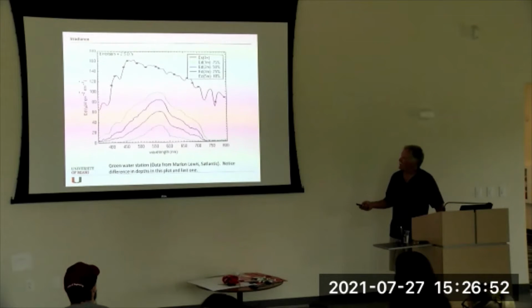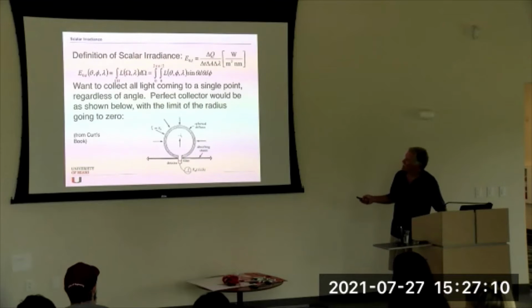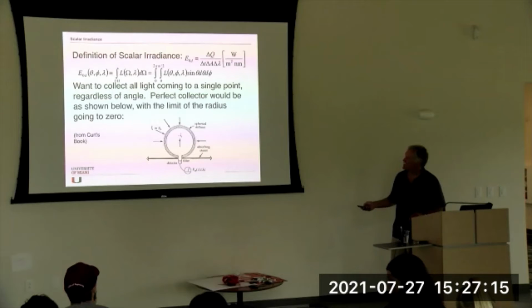Here's a blue water, green water. I think Kurt showed this same graph, right? So you know what scalar irradiance is. The problem with it, this is sort of an example, is trying to figure out, you can't measure the whole scalar at once because you're going to have some sort of an instrument down here that's going to block part of it.